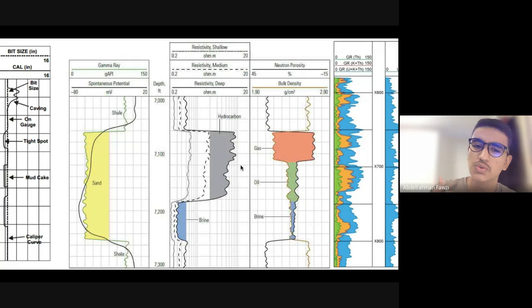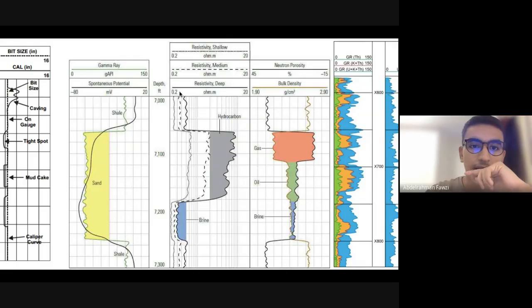And we also know that since we have hydrocarbon, it means that it is less conductive, right? So we understand that this region is hydrocarbon. We understand that, for example, this region is brine. Brine is aquifer water that contains a lot of salt. So since it's salty, it is conductive. So its resistivity would be very low.